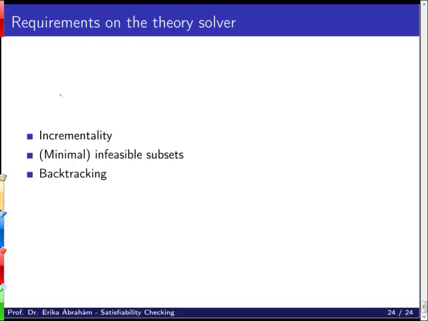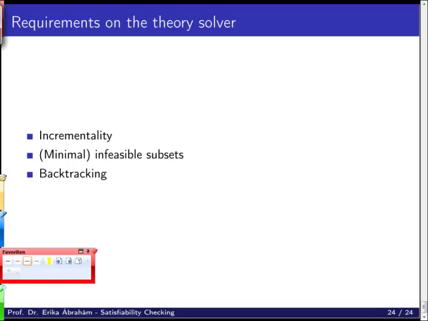It can be some bounds or new constraints which are implied from the original set of constraints which it got. But we will not deal with that kind of explanations. We will restrict in this lecture to infeasible subsets.